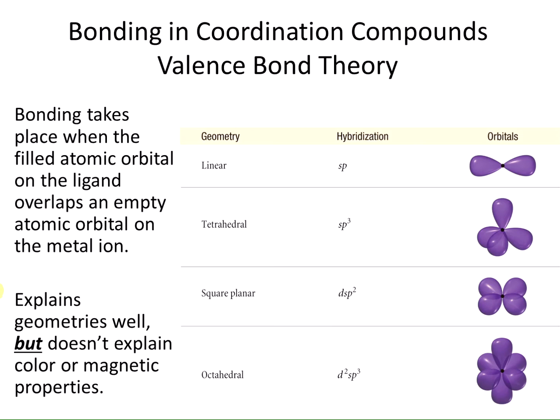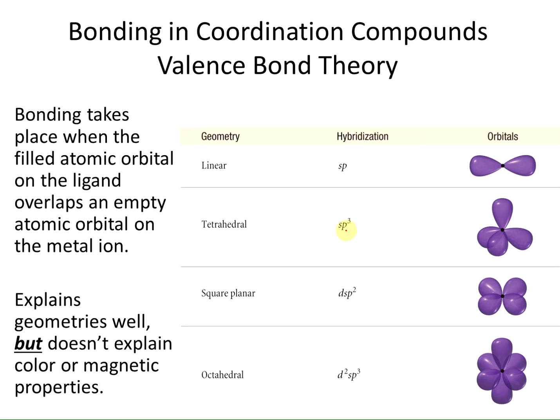Now, if you'll remember back to Chem 1A, we were looking at the different bonding theories, one of those was valence bond theory. And in valence bond theory, we had hybridization of orbitals. So we had sp, sp3, and dsp2 hybridization to explain some of the bonding.